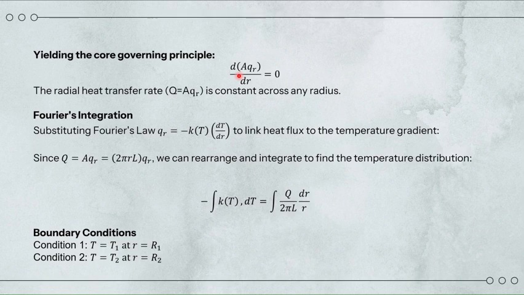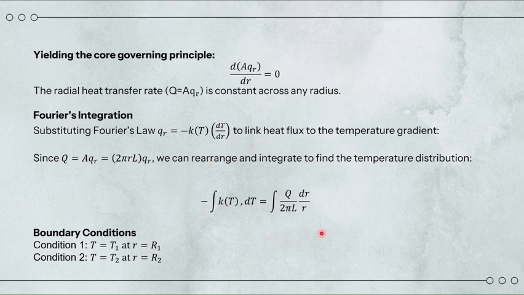Now we will use Fourier's law, according to which heat flux is proportional to the temperature gradient. Substituting Fourier's law into the equation and integrating, we obtain the temperature distribution.